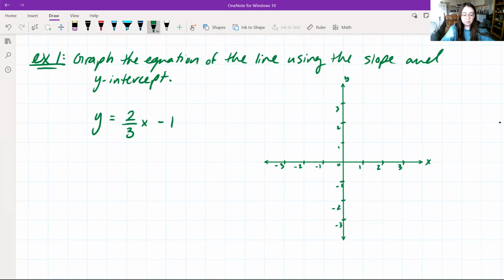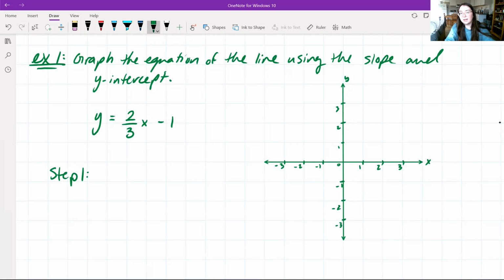So in our first example, we want to graph the equation of the line using the slope and y-intercept. We have that y is equal to 2/3 x minus 1. For our step one, we want our equation in slope-intercept form, and we see here that our equation is given in slope-intercept form.